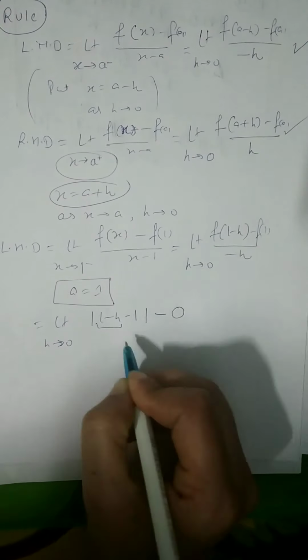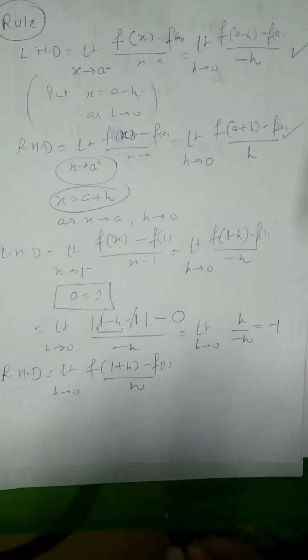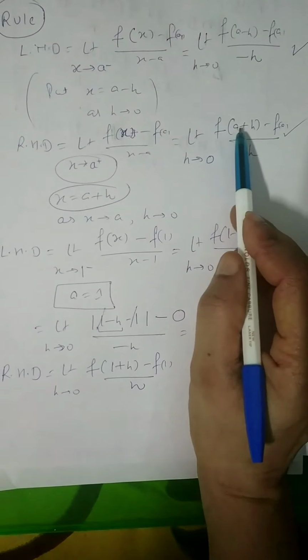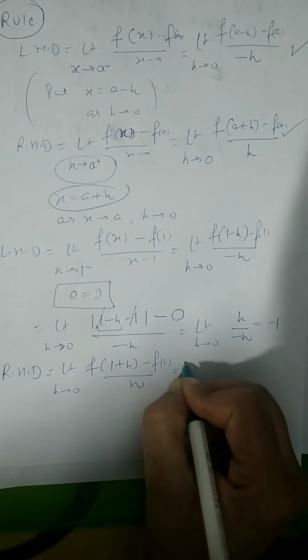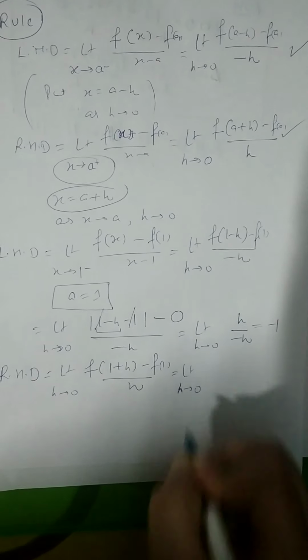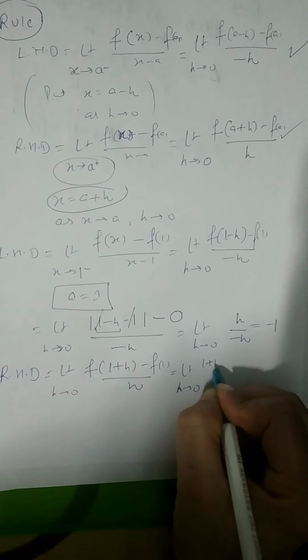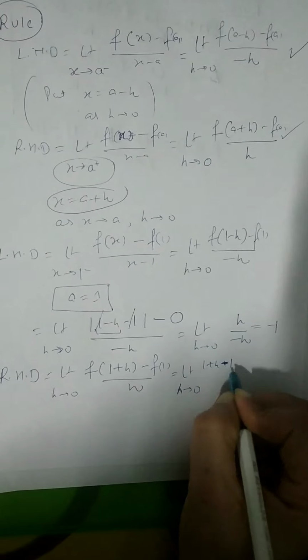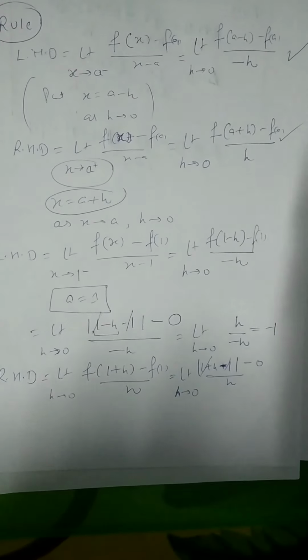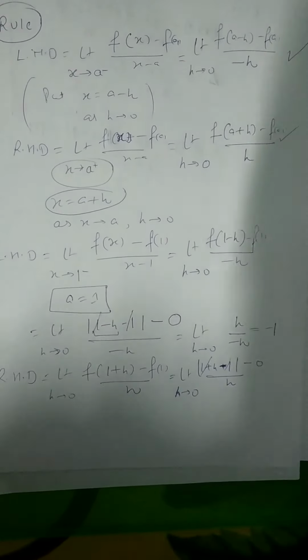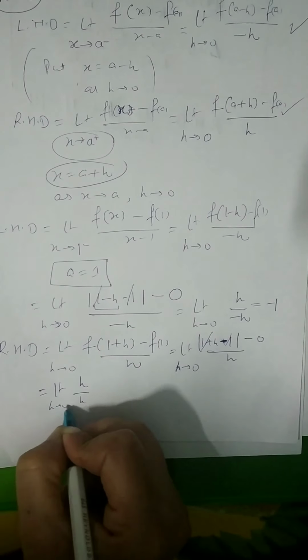Similarly, we can find the right hand derivative. It will be (f(1 + h) - f(1)) / h. That is the definition we have written here, where we just replace a by 1. So the term becomes (|1 + h - 1| - 0) / h. The 1 cancels with -1, and we get |h|, which is just h. h upon h, as h tends to 0, is 1.